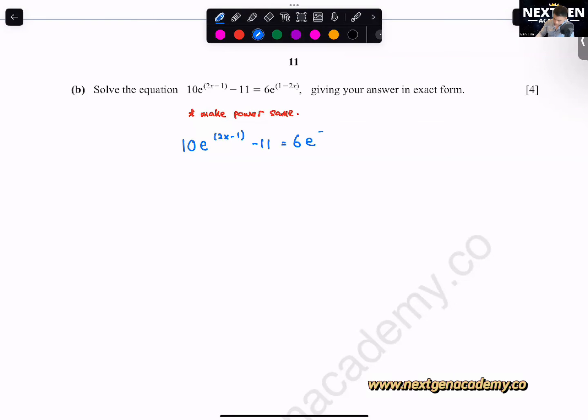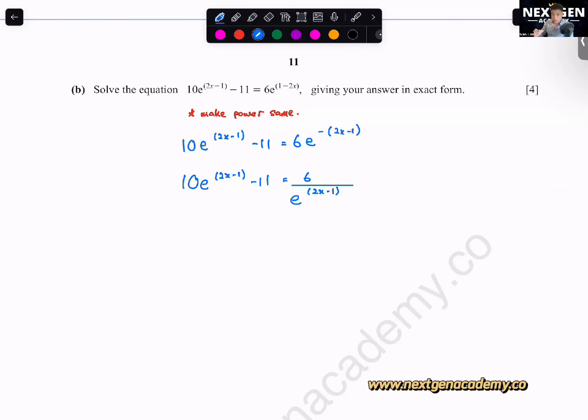You multiply by negative, or you factorize out negative, 2x minus 1. Like this. Therefore, you can rewrite this as 10e to the power of 2x minus 1 minus 11 equals 6 over e to the power of 2x minus 1.